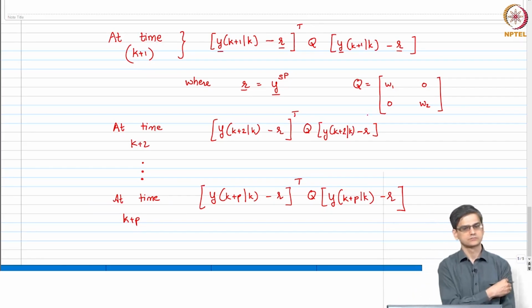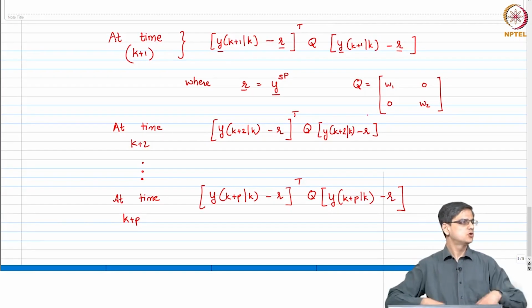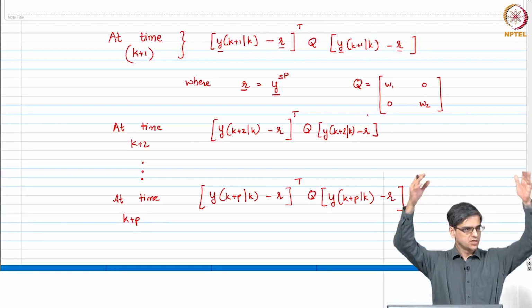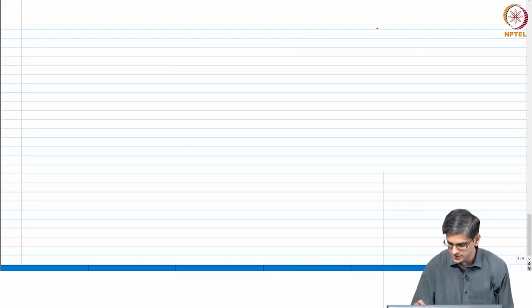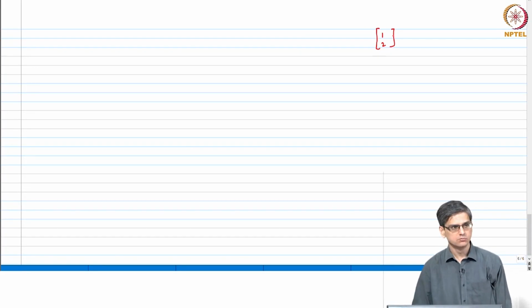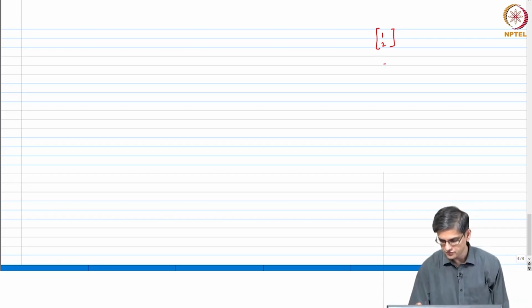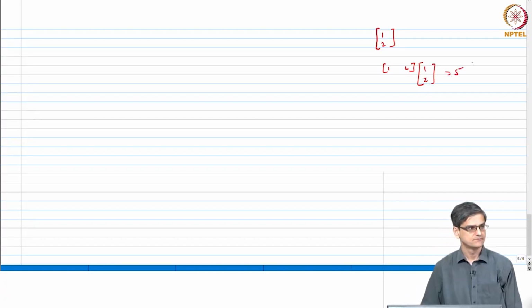Okay. If we now want to put all of this in one big matrix, again the concept is quite simple. If you have an inner product of 1 2, inner product of 1 2 is nothing but 1 2 transpose multiplied by 1 2, which is equal to 5.